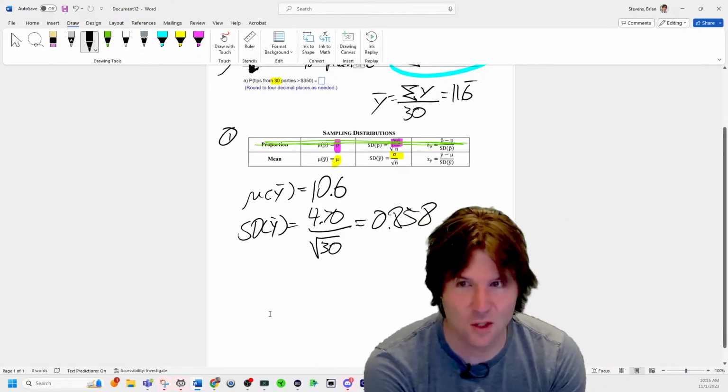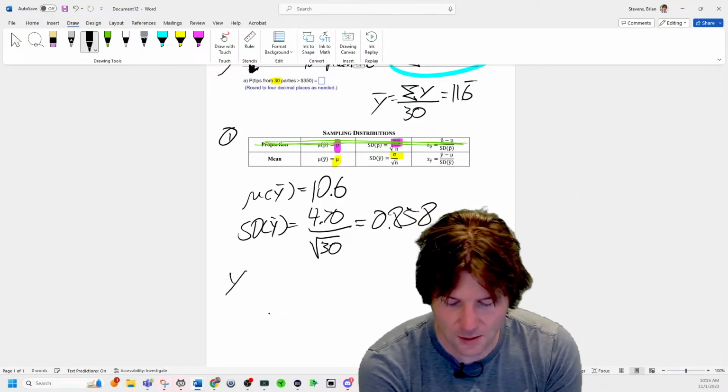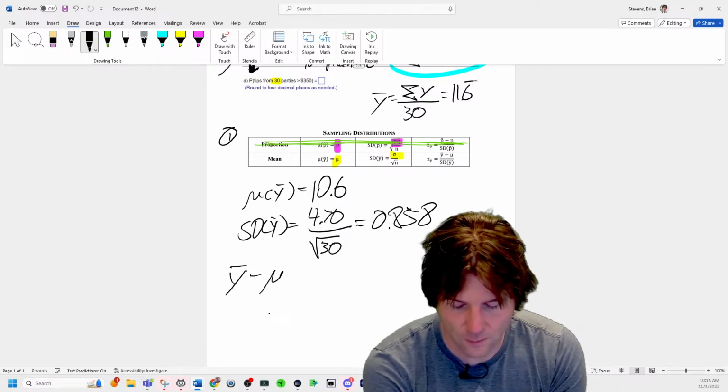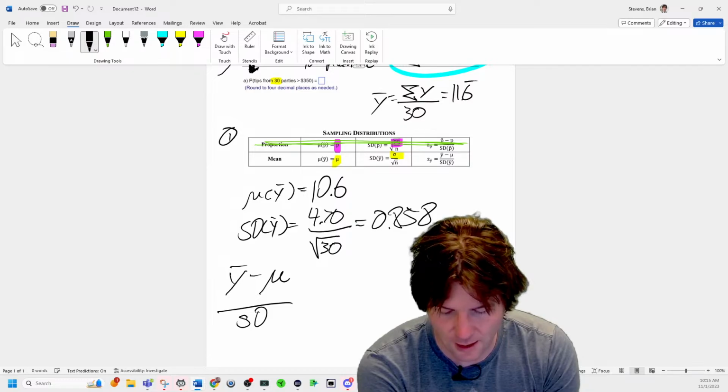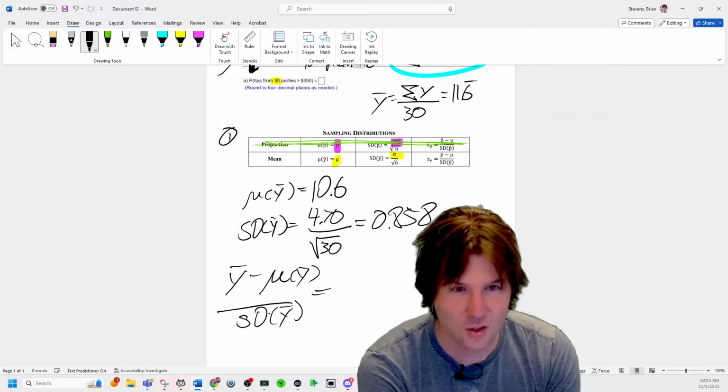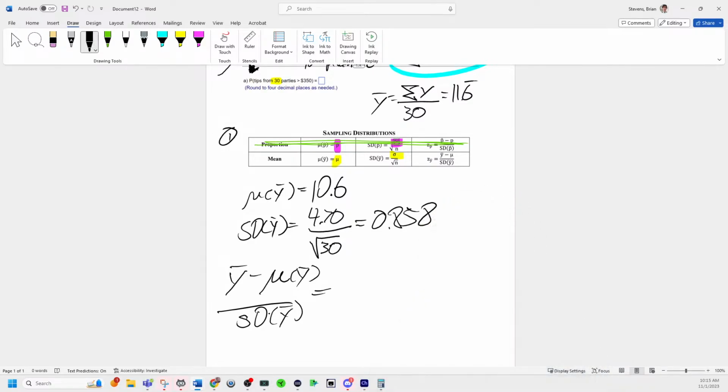The formula for the z-score, and this is how it would be on the test, is observation minus mean over standard deviation, and that can be mu y bar over standard deviation. So we have the observation of 11.666 repeating minus 10.6 over the standard deviation of the sampling distribution.